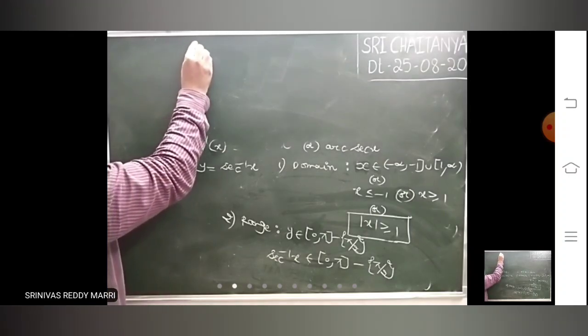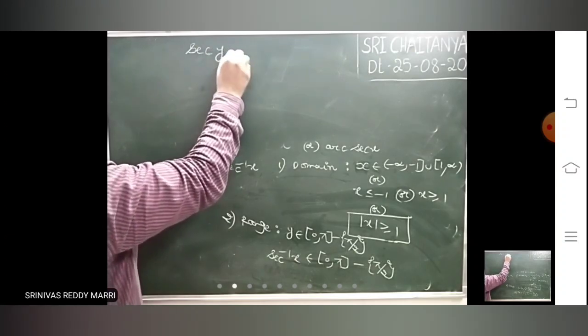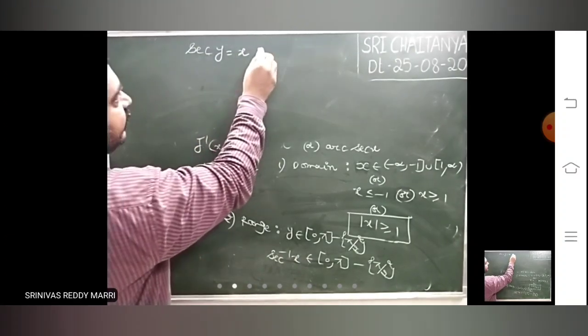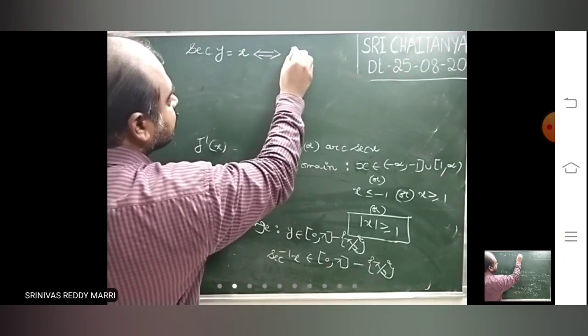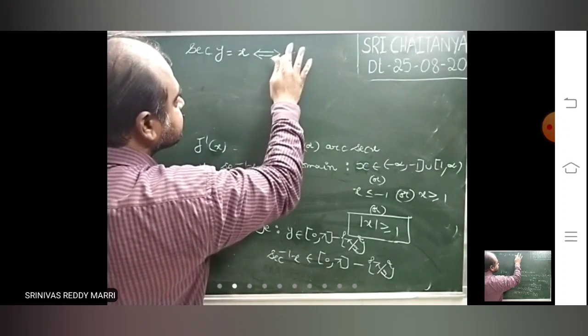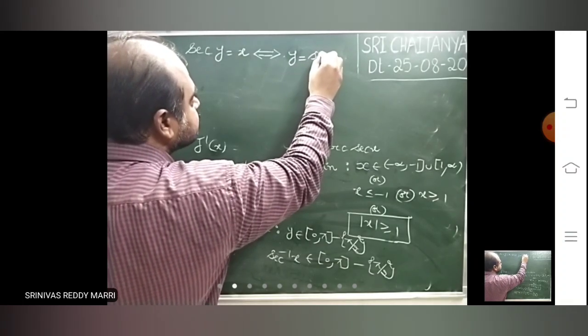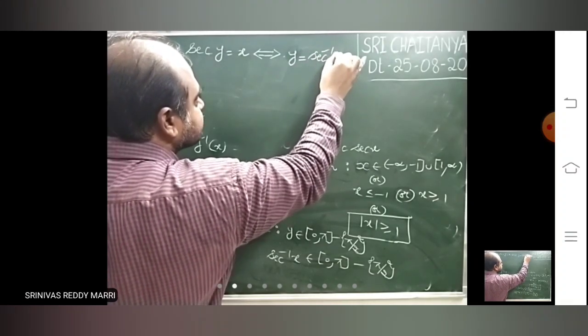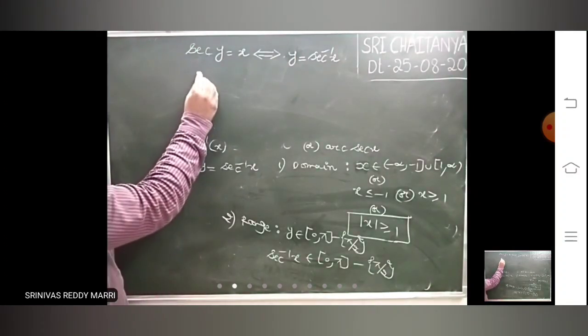Similarly, suppose you got secant y equal to x. It can be written like this: y equal to secant inverse x.